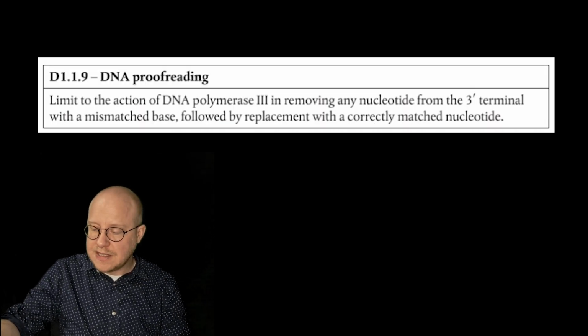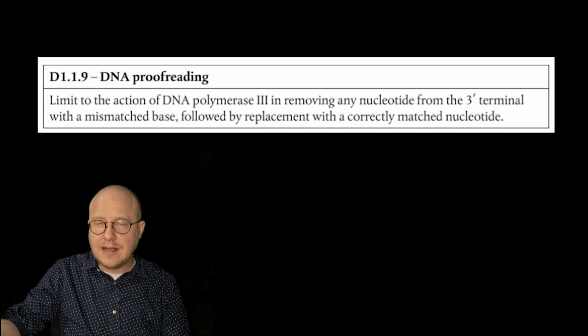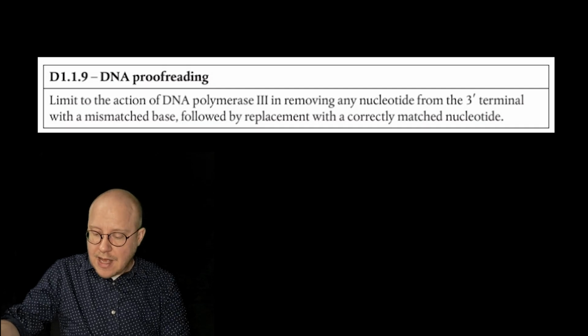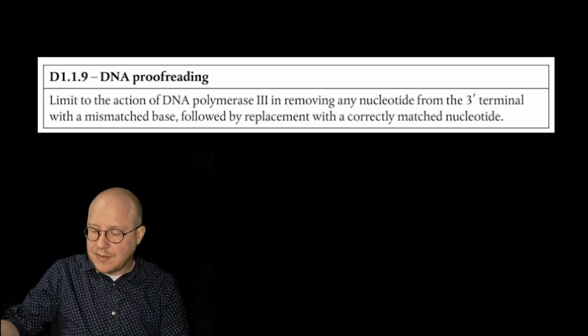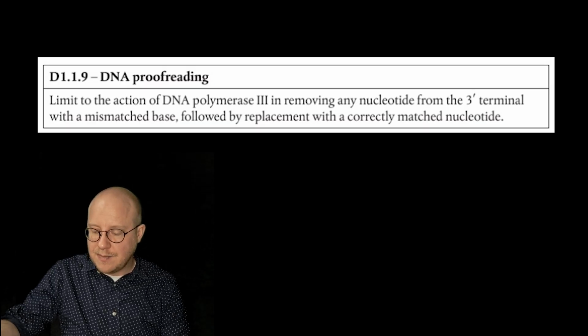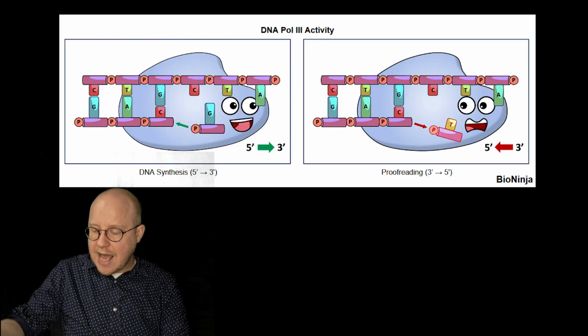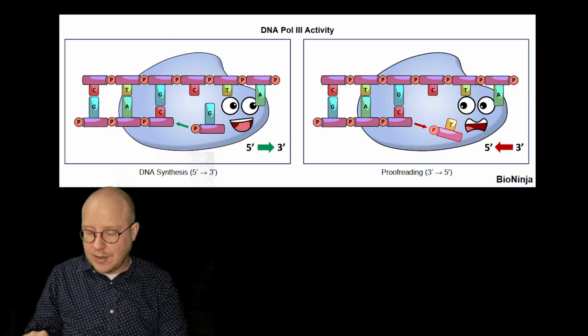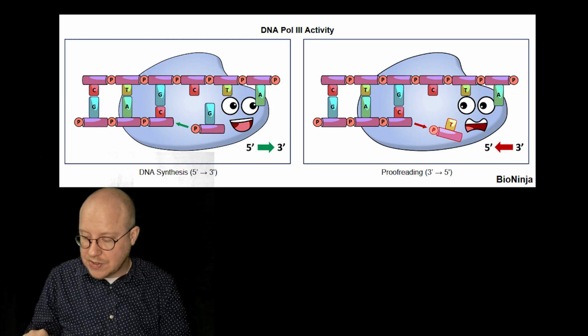D1.1.9 Removing mismatched nucleotides. DNA proofreading. Limit the action of DNA polymerase 3 in removing any nucleotide from the 3' terminal with a mismatched base, followed by replacement with a correctly matched nucleotide. DNA polymerase 3 has one other very important function in the replication process.